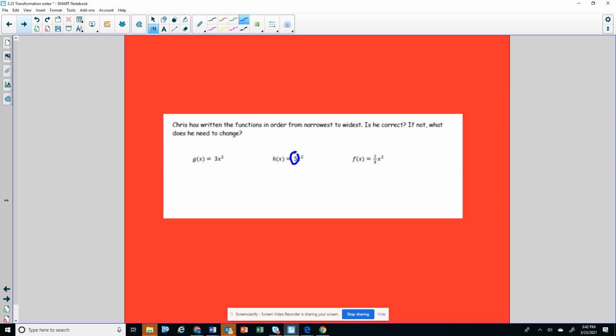So this goes first. So you should have h of x first, because that has the bigger coefficient than g of x. All right, and then f of x. So this is the widest one, then g of x and h of x.